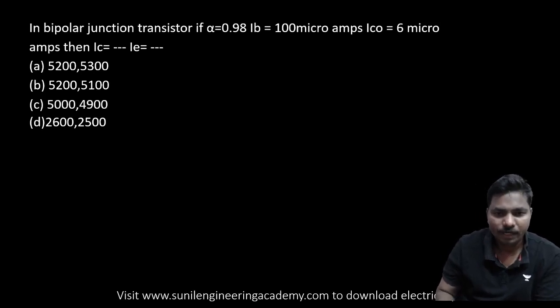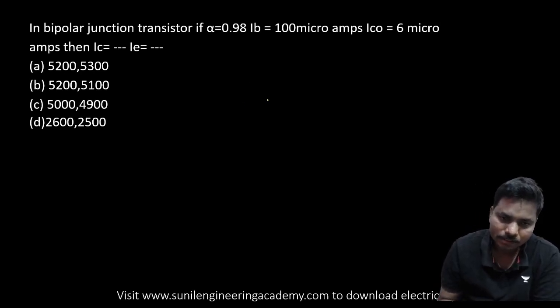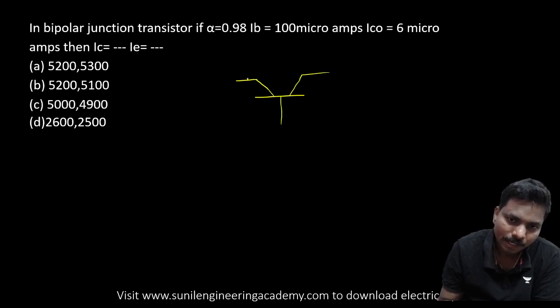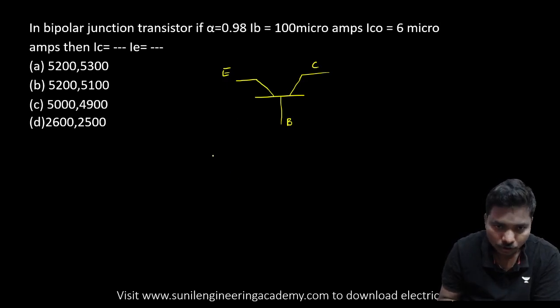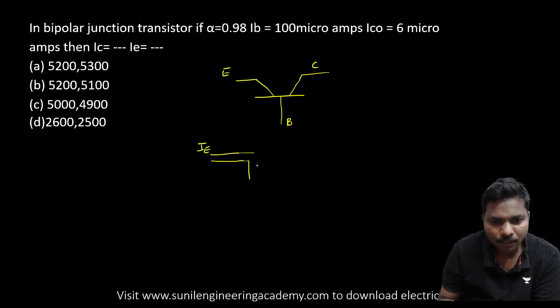Yes, very good, guys. So here a small idea for the transistor is a common idea. It is the emitter, it is the base, it is the collector, correct? If you are giving IE as the input current, then some of the current will flow through the base and the remaining goes to the collector.